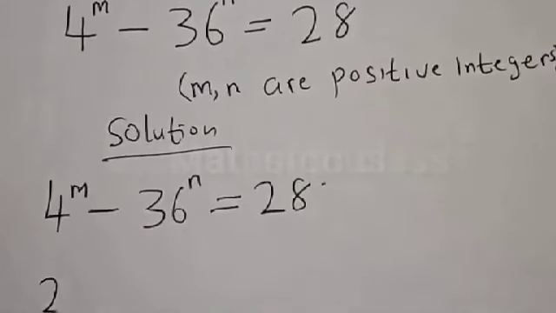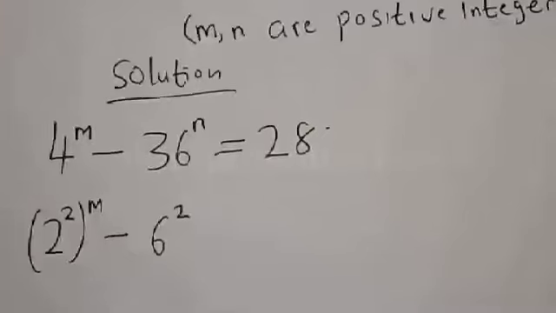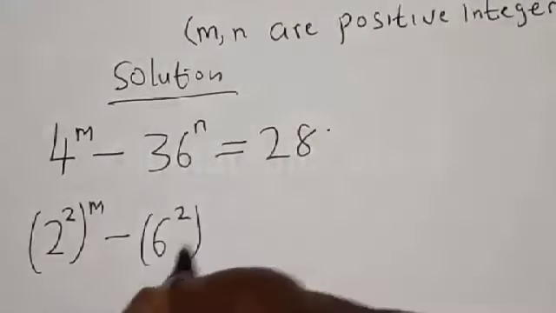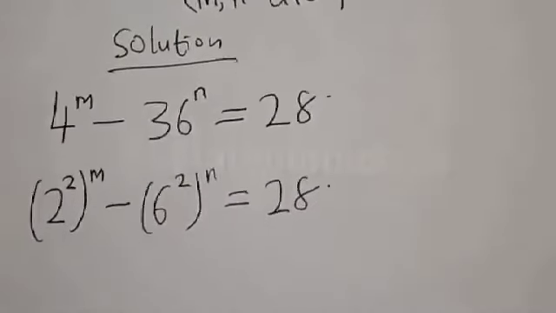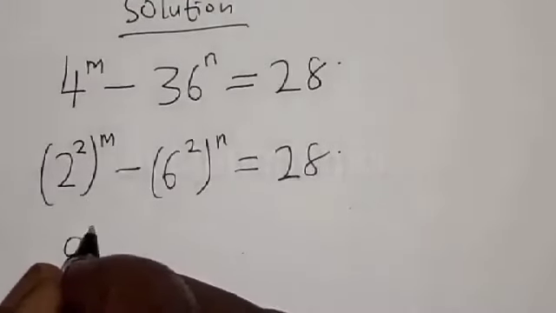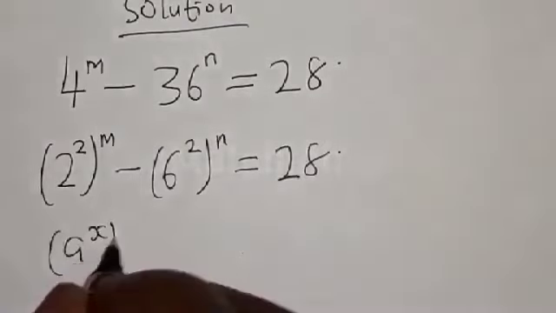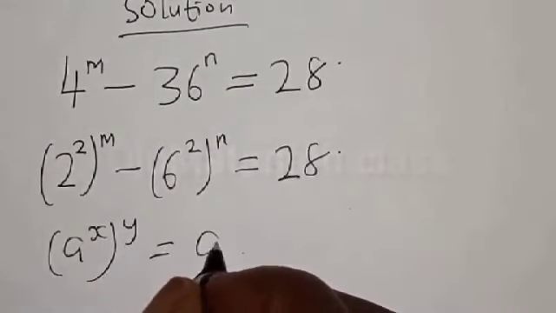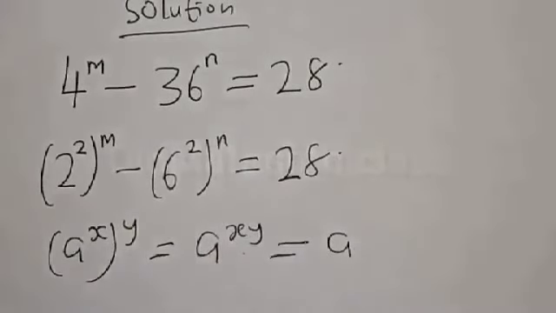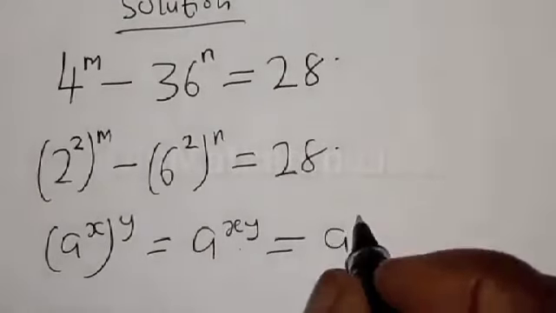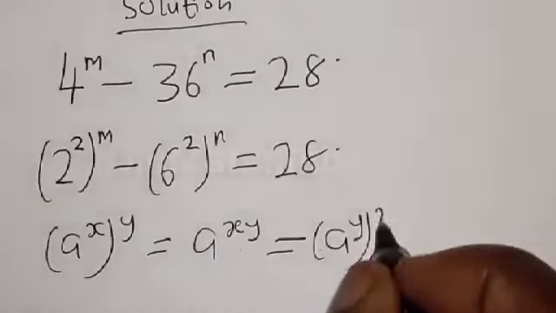Then we have 2 squared raised to power m minus 6 squared raised to power n is equal to 28. Now remember, (a^x)^y is the same thing as a^(xy), which is the same thing as (a^y)^x.